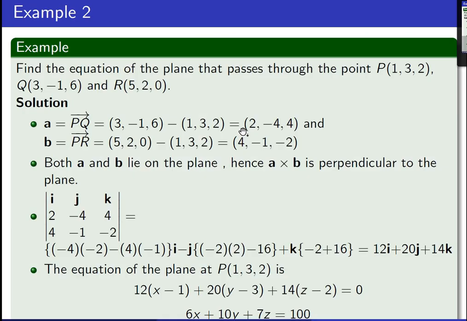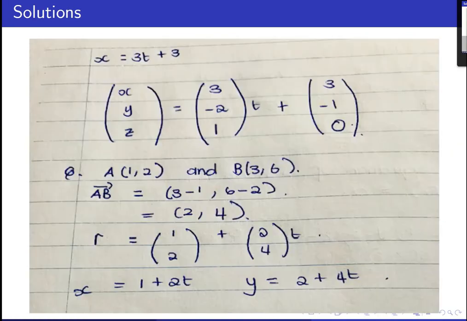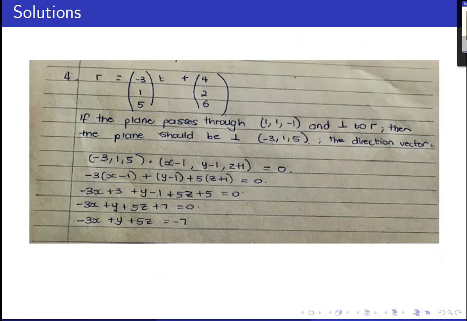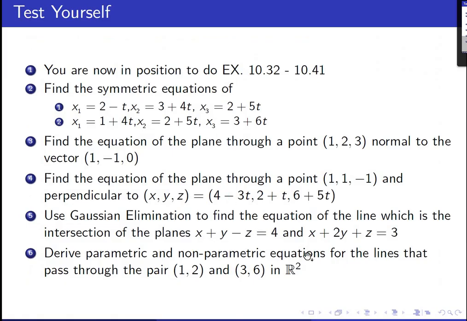The last question, you can just read through the solution by yourself because it's very much similar to what we covered in previous slides. For instance, we need to derive parametric and non-parametric equations for the line that passes through the points (1, 2) and (3, 6) in R2.